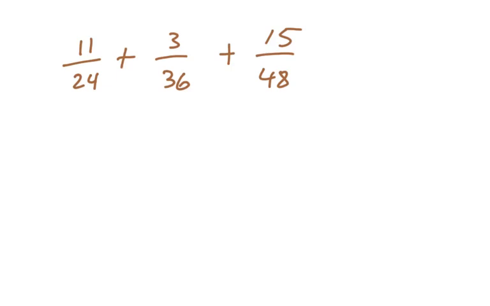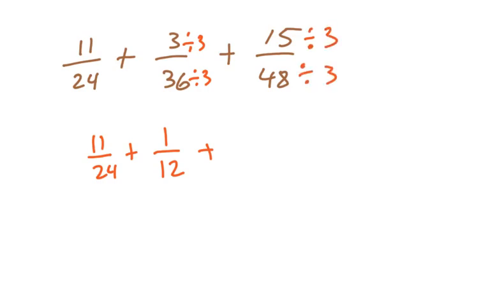Obviously 11 and 24 we cannot, but both 3 and 36 are divisible by 3. So we can get 11 over 24 plus 1 over 12 plus, and here we can divide both of these by 3, so this would be 5 over 16.